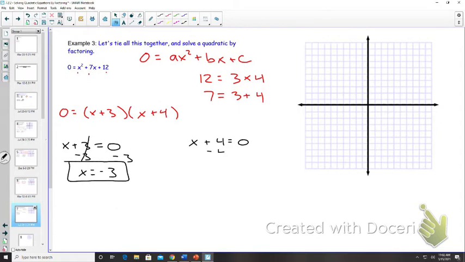And we'll subtract 4 from both sides. X equals negative 4. Perfect. So now that we have those, we'll plot them on the graph. So negative 1, negative 2, negative 3, negative 4. This is a really skinny parabola, something like that.